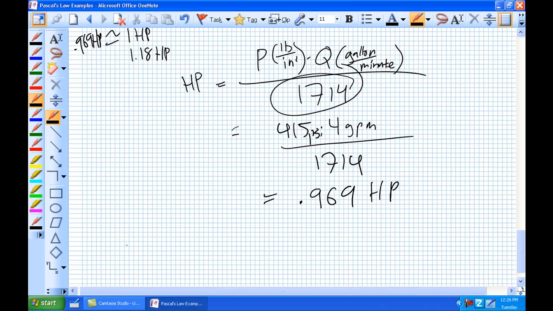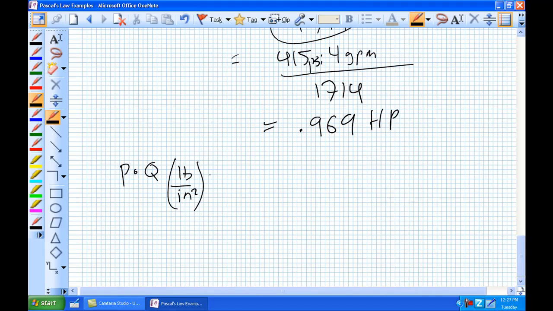Just think of the units. We have pressure and flow rate, whatever those values might be. Pounds per inches squared, we're taking the units over here. A gallon per minute is actually 231 inches cubed in 60 seconds.